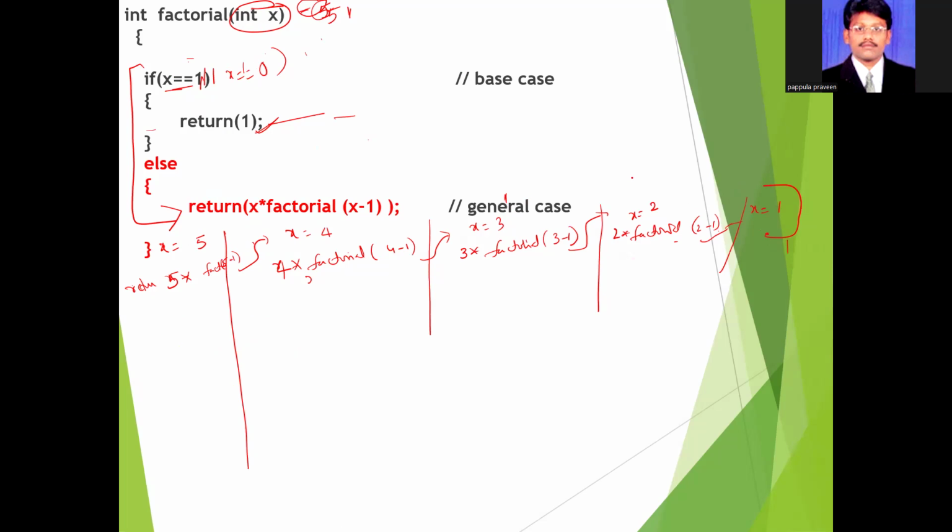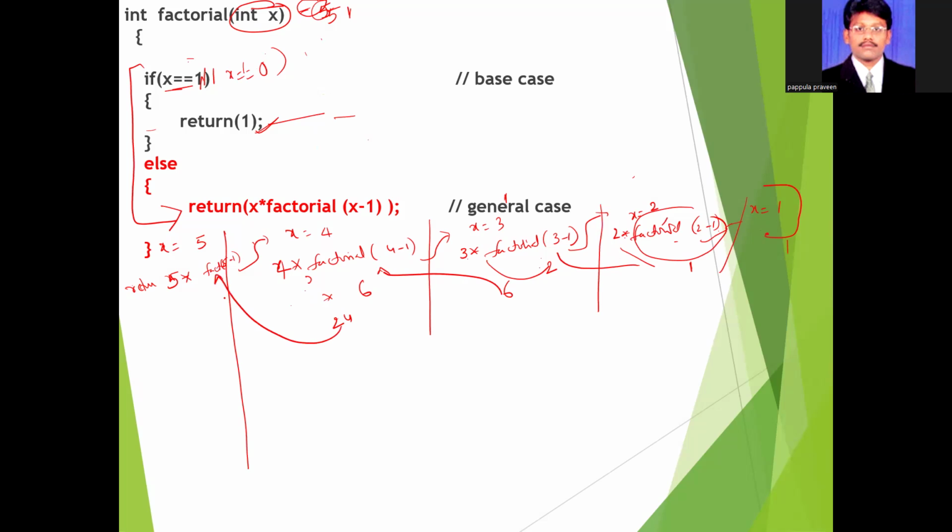Now this will be returned. Now 2 into 1, return 2. Now this will return 2. Okay, now 3 into 2 is 6. Return 6. 4 into 6 is 24.